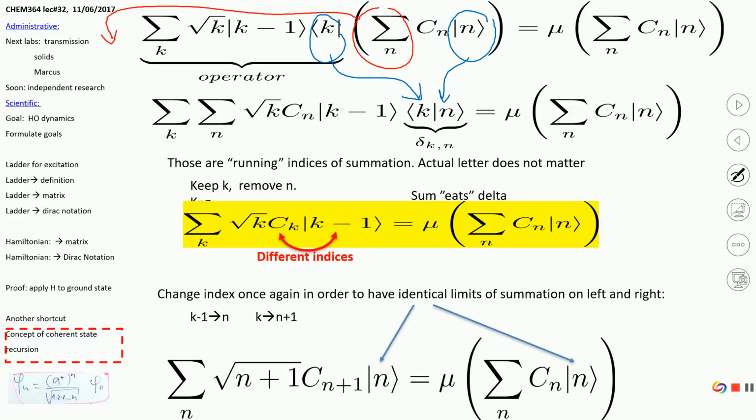Now, what do we see? There are two summations, and there is one delta function. So, in some sense, one operator is removed, and the wave function is this number that we need from the summation. So, what happens if the summation meets a delta function?